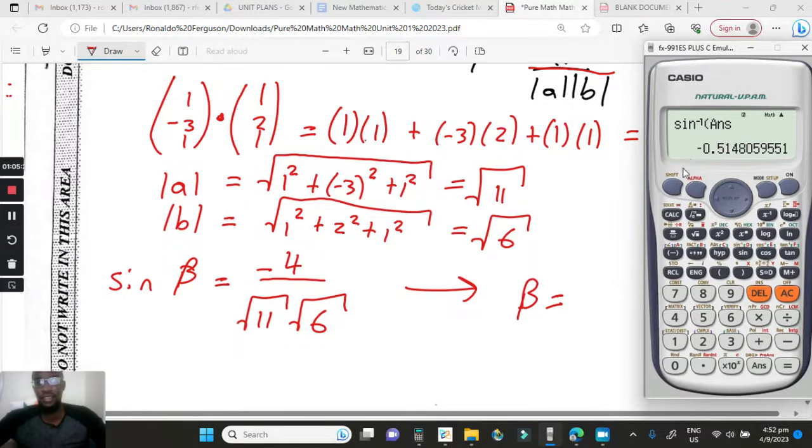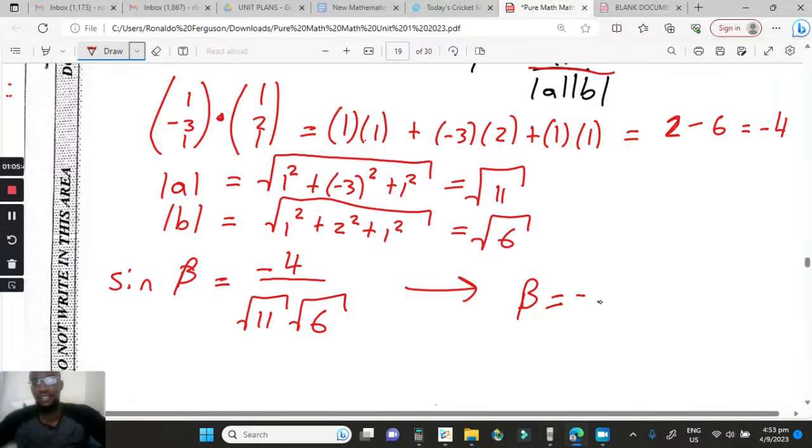Oh, my calculator is in radians. I want the degree answer, so I'm going to have to do it again. Sine inverse of the fraction negative 4 over square root 11 times square root 6. Put that in the calculator, and we'll get negative 29.5 degrees.